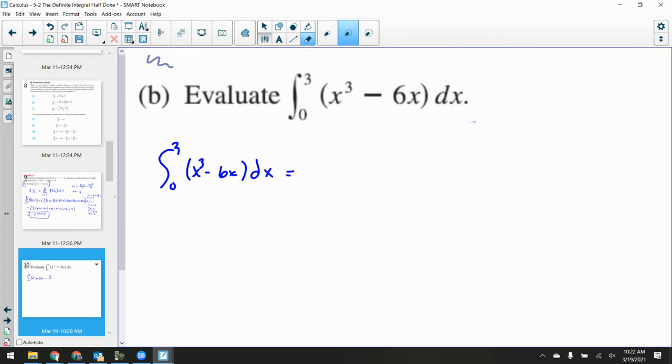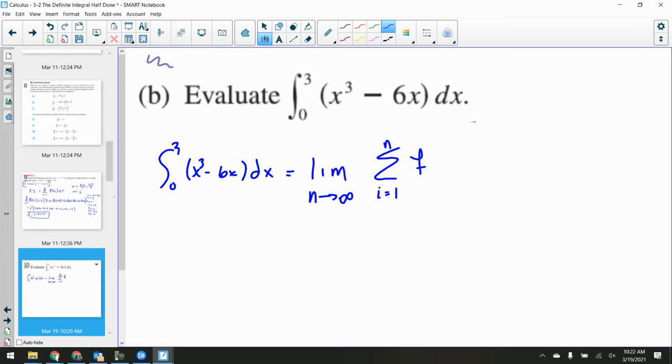All right, so this is really like saying the sum going from, oh, I forgot my limit symbol. The limit as n goes to infinity of the sum from 1 to n of f of xi times, oh, I shouldn't say dx, I should say delta x, sorry.